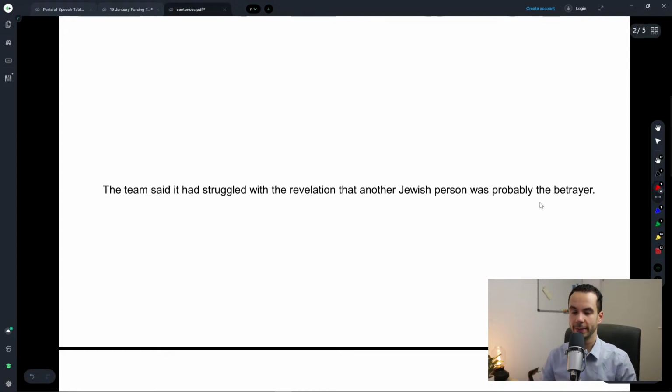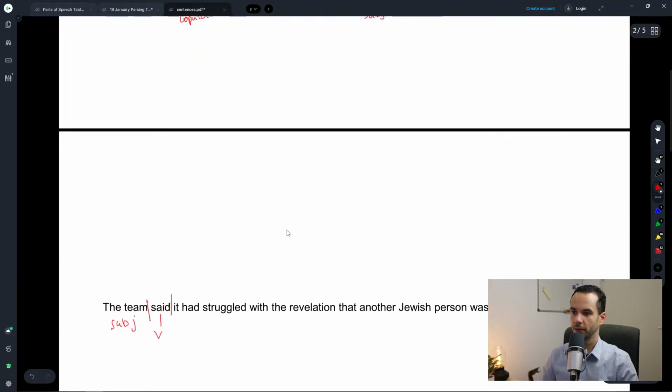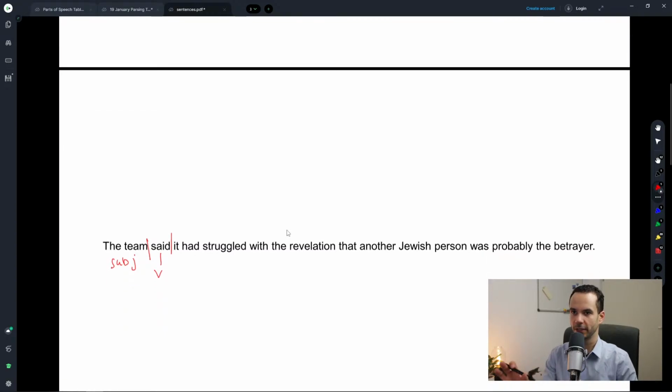So what we could do is indicate the different constituents again. So the team, subject, said, verb phrase, and in this case we have past simple. And then we have the rest of the sentence.